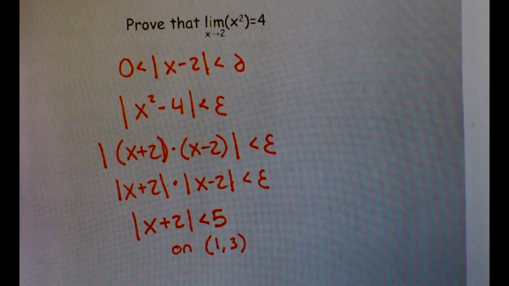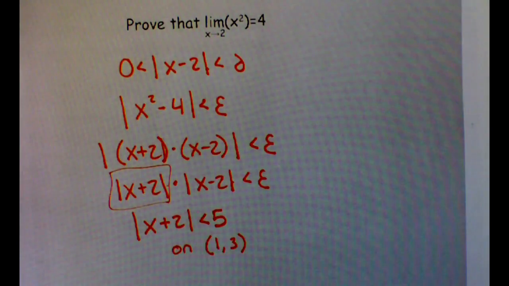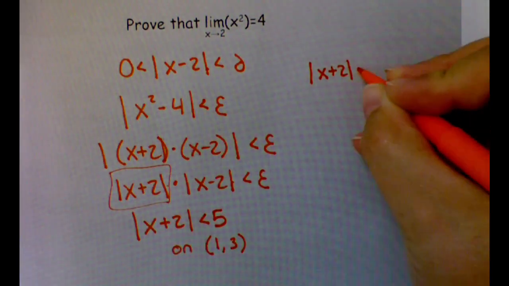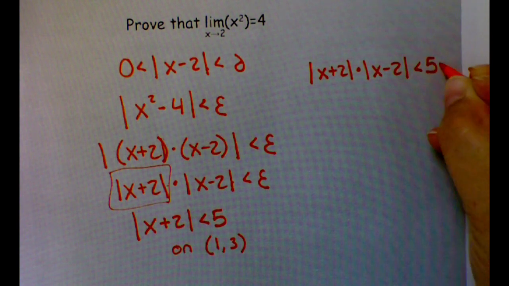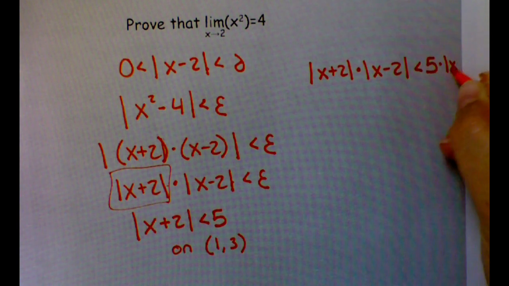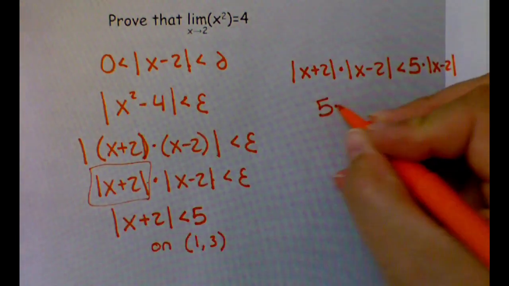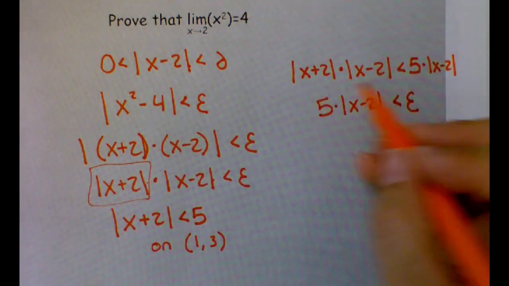All right, which means right here is also less than 5. So the absolute value of x plus 2 times the absolute value of x minus 2 is less than 5 times the absolute value of x minus 2. But that 5 times the absolute value of x minus 2 must still be less than epsilon, because this was less than epsilon.